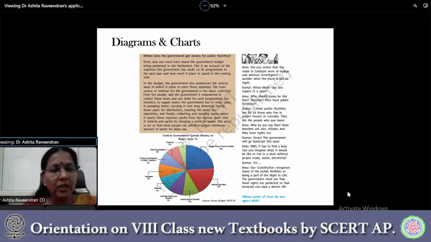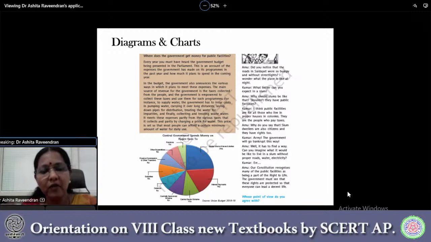The child has already learned in the mathematics classroom how a pie diagram is made. You can ask them to explain what the differentiated areas mean, when this much amount is spent on subsidies, or a portion of the expenditure is given for defense.